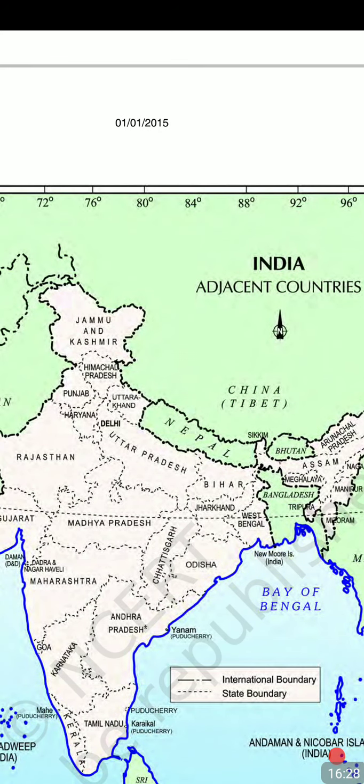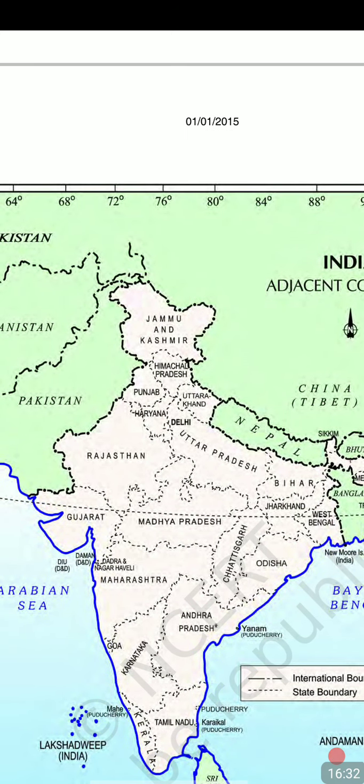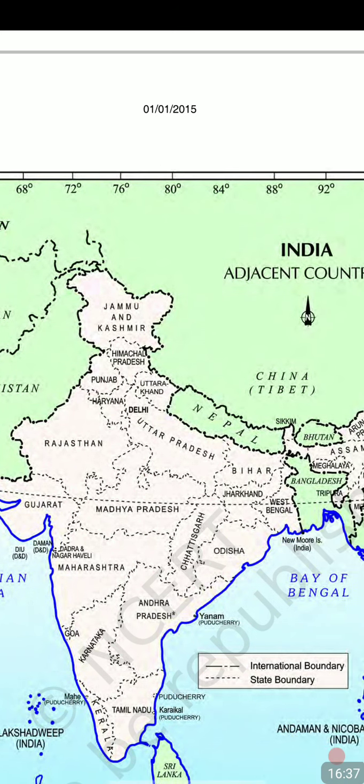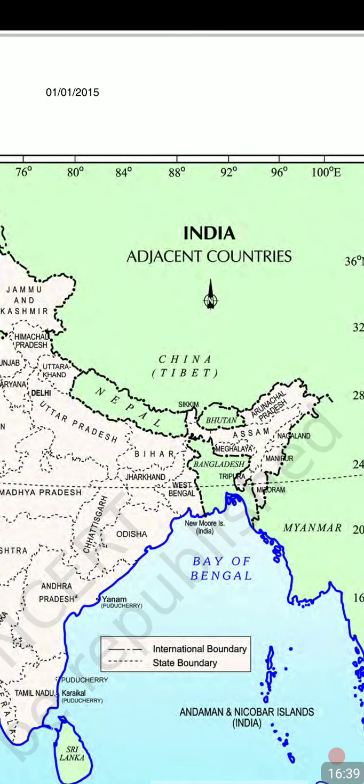Sikkim with the 3 countries Bhutan, Nepal, and China. Same Uttarakhand for China and Nepal. So what I see is Arunachal Pradesh, West Bengal, and Sikkim share boundaries with 3 countries, right? Quite interesting.